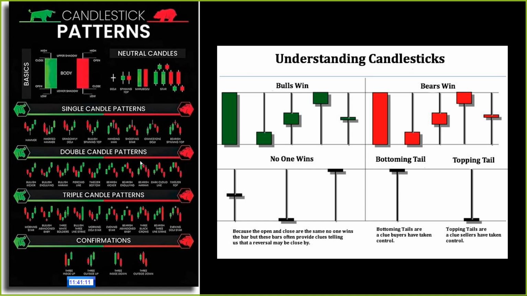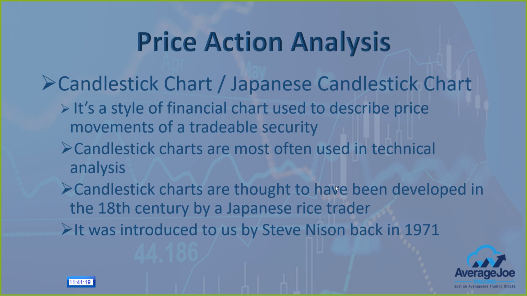going forward in terms of the candlesticks and how they're put together and all of this. Just to give you a little bit of history, you probably have heard this already, and why we call it Japanese candlestick charts.